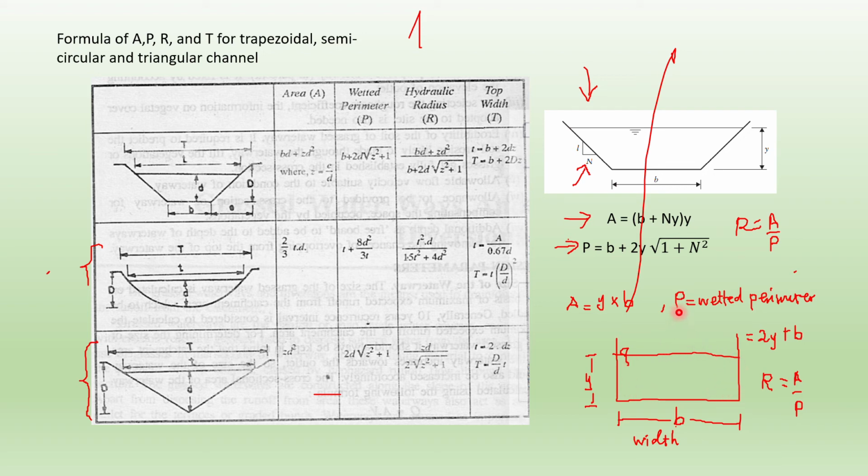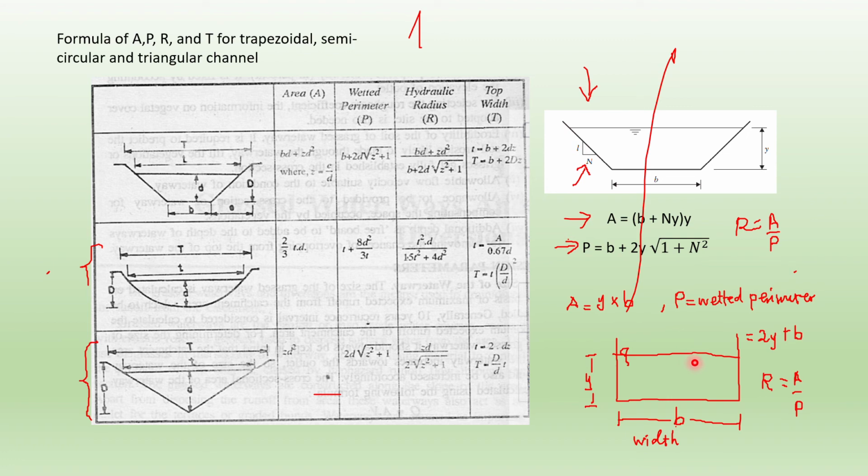P is the wetted perimeter. So the wetted perimeter is taken as Y plus B plus another Y, so it's equal to 2Y plus B. And R, which can be found in Manning's, in the Darcy-Weisbach equation, and also in Chezy's equation, R is equal to A over P. So this is the rectangular channel.